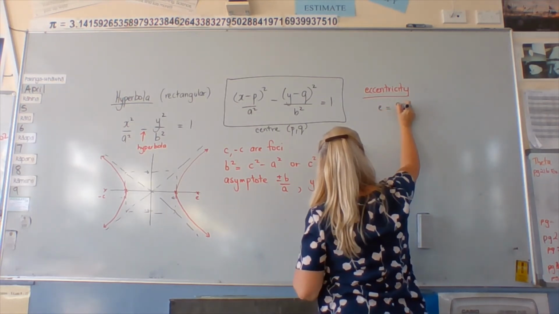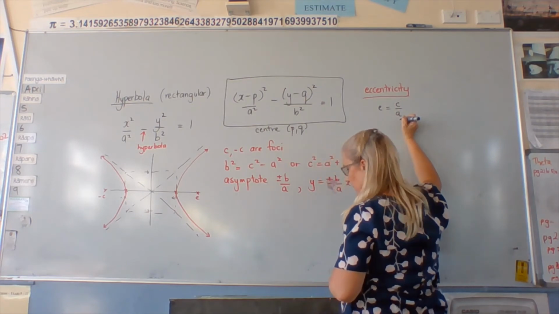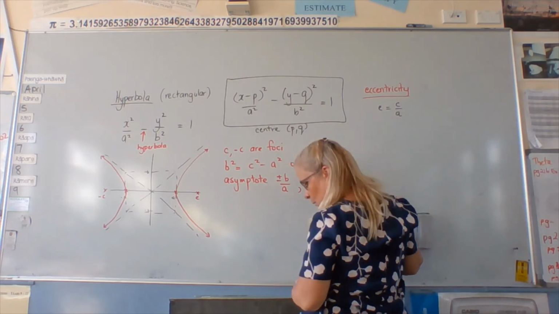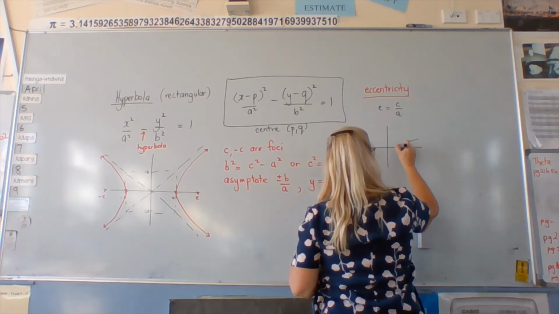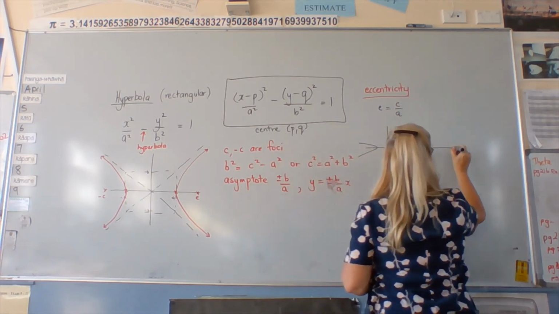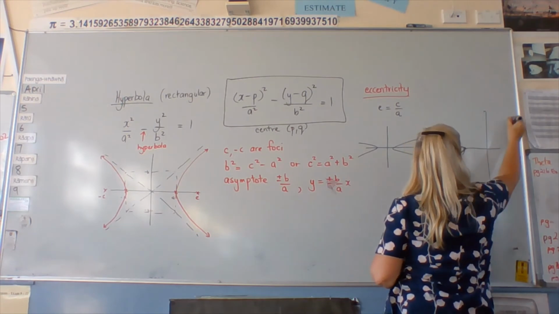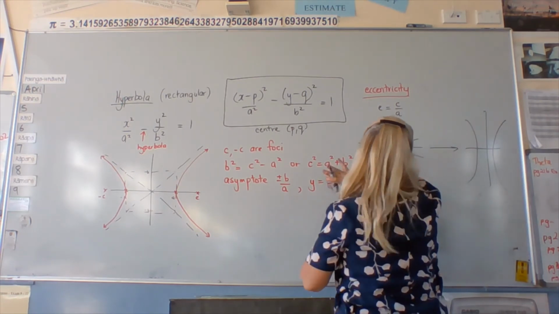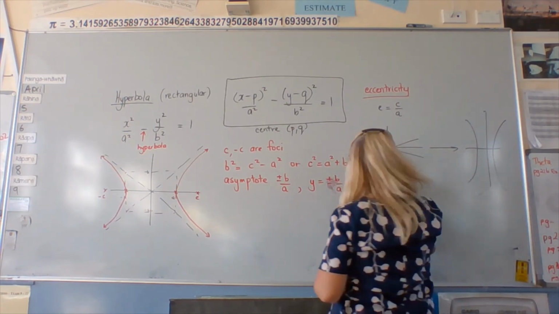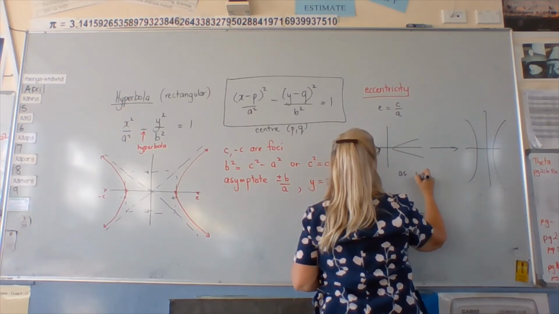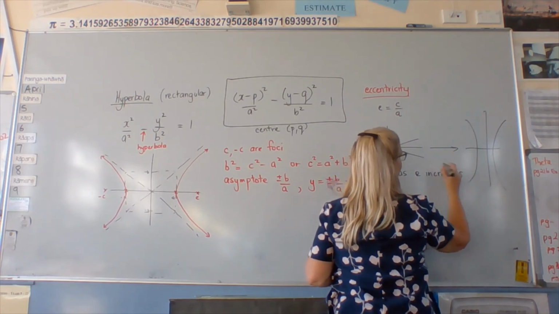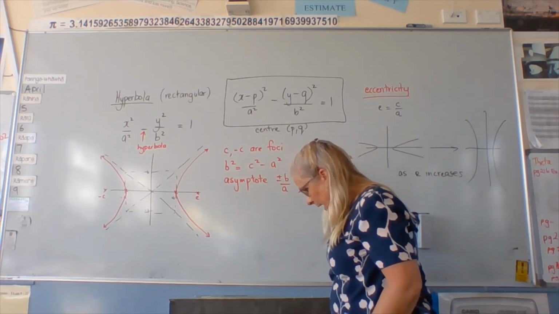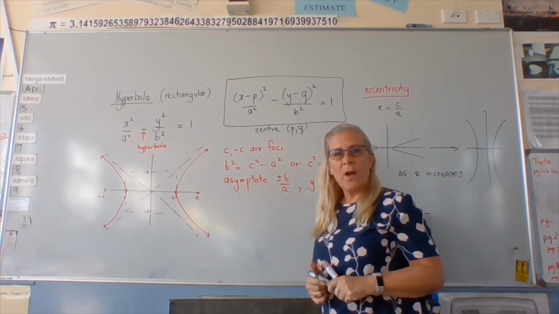E equals C over A. So if we started at 1, where the hyperbola is going to go from being a skinny one towards a fat one. All right, so as it increases, it goes fatter. Okay, right, we're going to leave it at there.